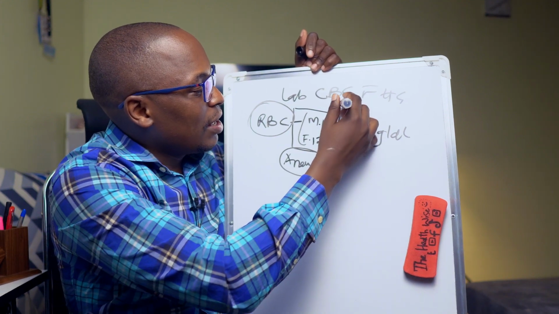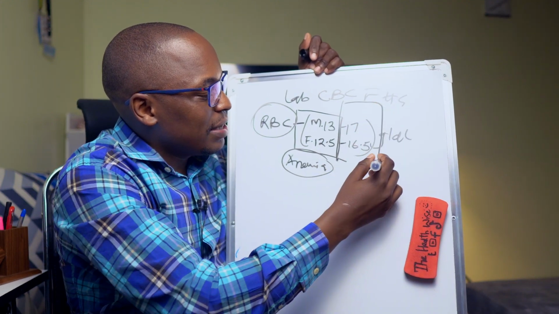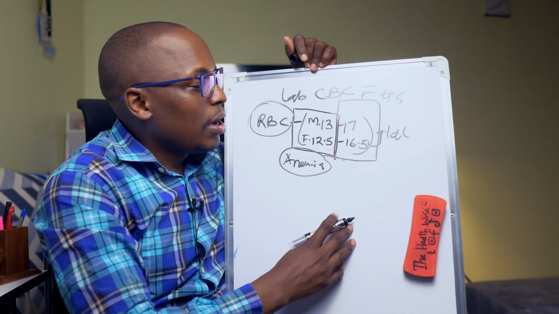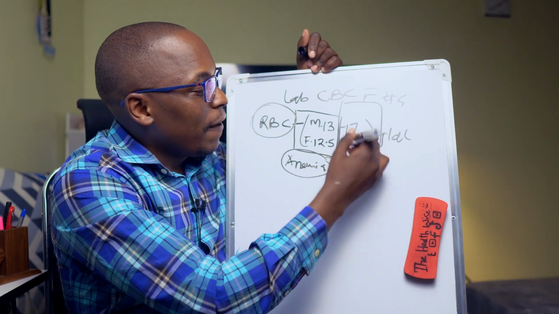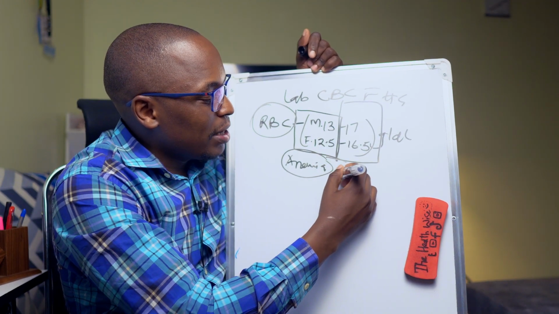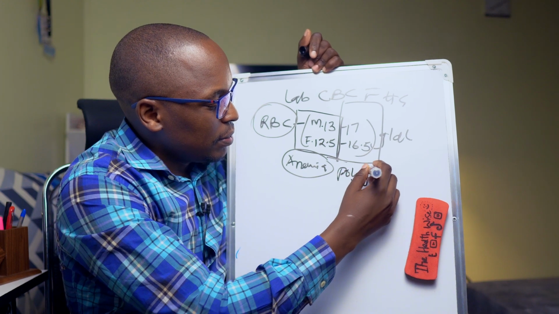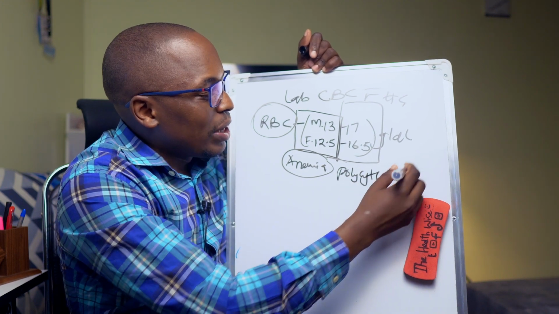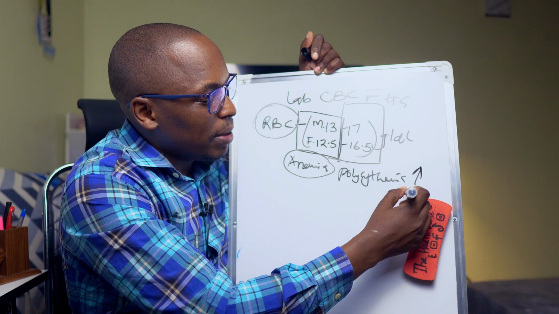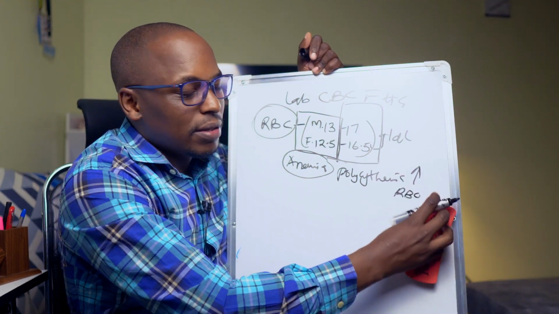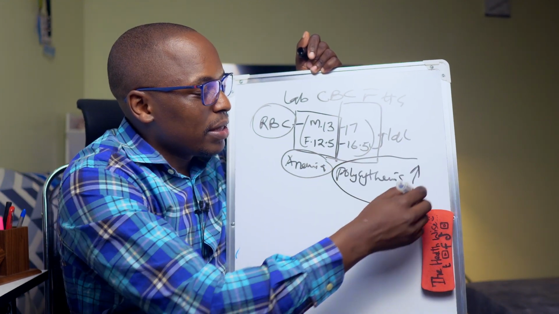And if you have anything above this, it's still an abnormal situation, whereby people with polycythemia will have an increased number of red blood cells, and this is also a problem in their system.